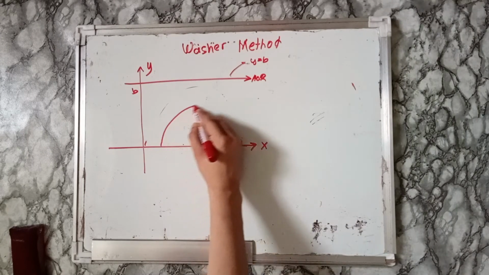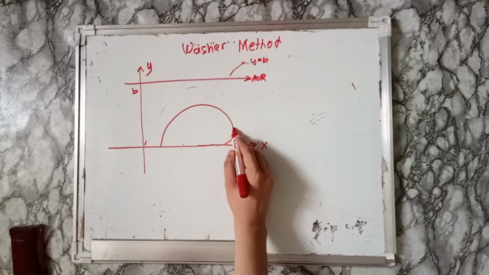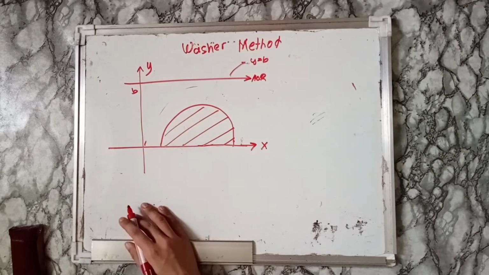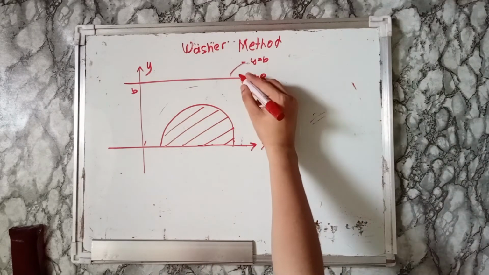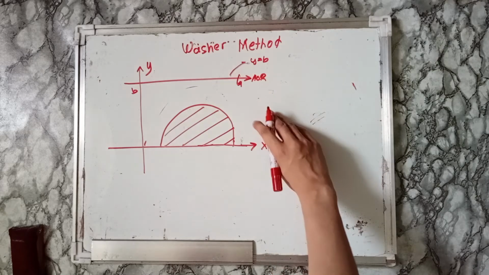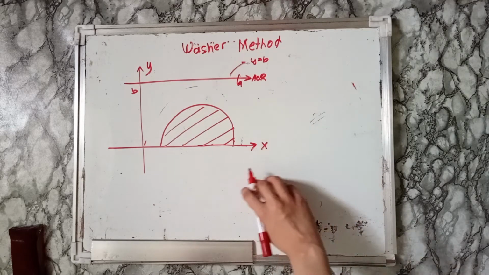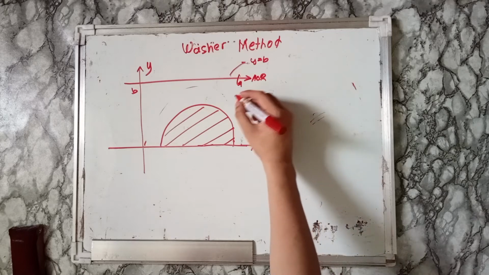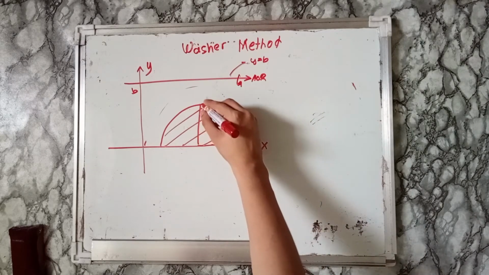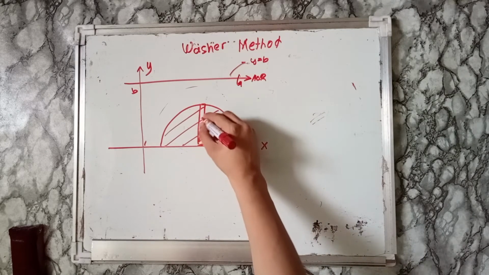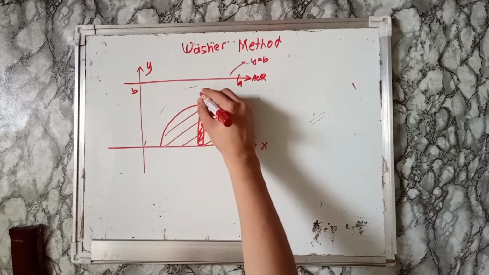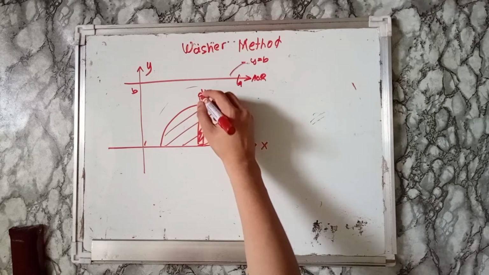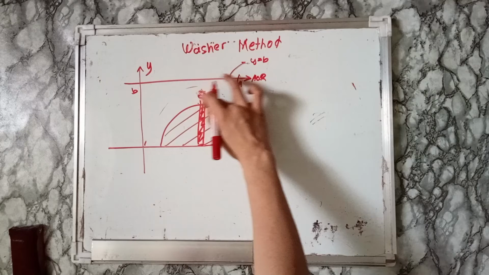Something like this. So since this is our area of rotation, let me draw a strip in here. So this is just a dx, right? Let me put it in here.